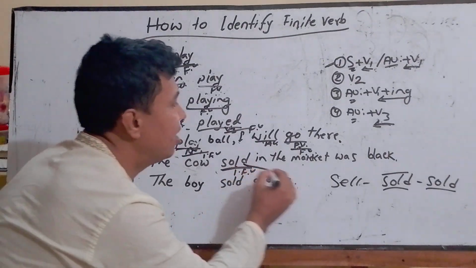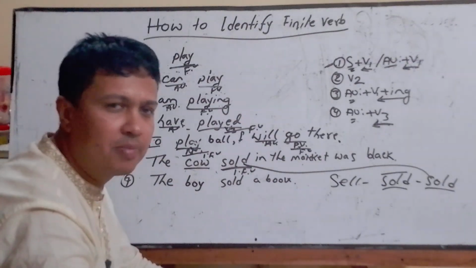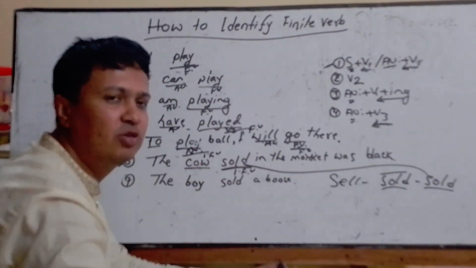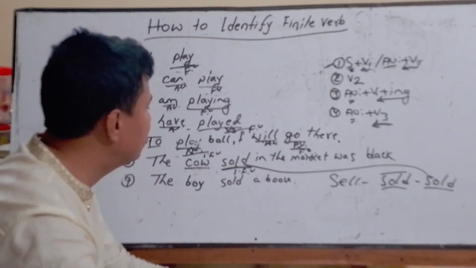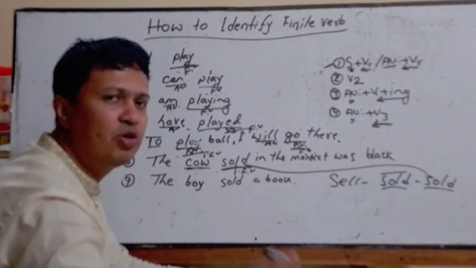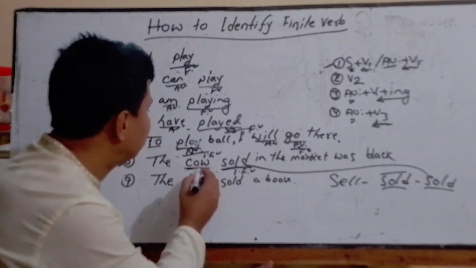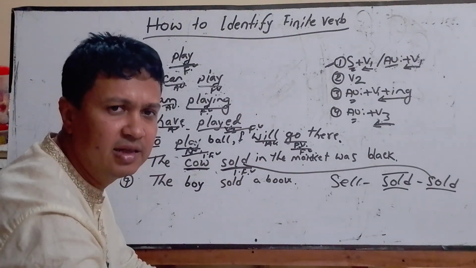Because "sold" is a V3. Why? "Cow," this one is a kind of subject which does not have any capability or ability to perform its action in this sentence. It cannot sell itself. That's why "sold" has become verb 3 in this sentence.